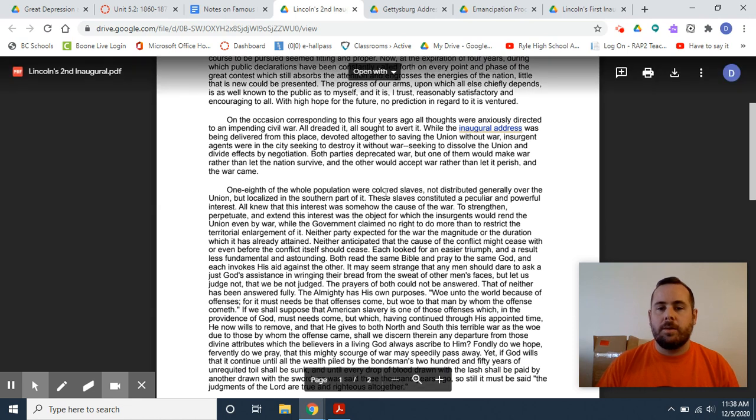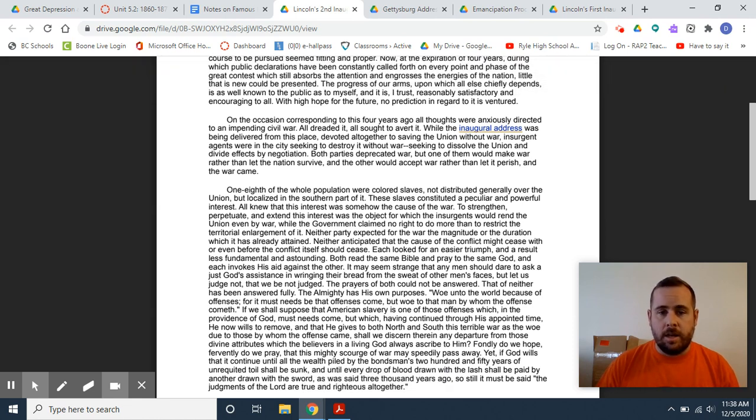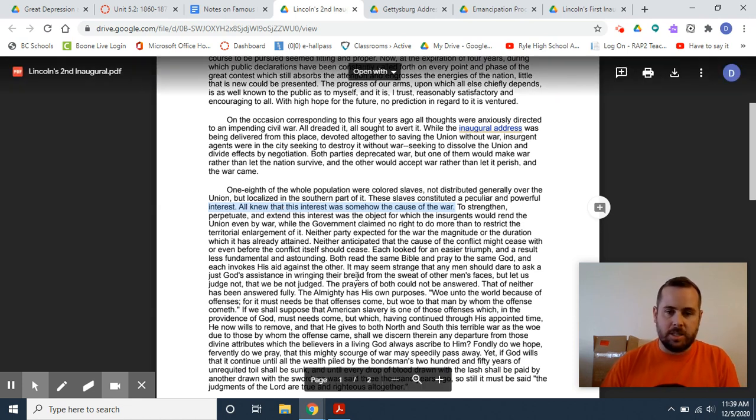He then goes on to talk about slaves, and he says we all knew that this interest was somehow the cause of the war. And it's interesting, now that the war is over, he can say that boldly. He wouldn't have necessarily said that at his first inaugural, but now as the war is about to be over, he can say that. Again, he talks about God.